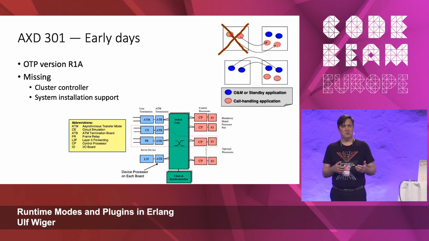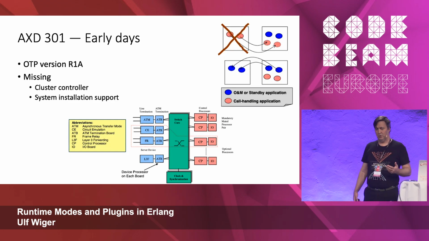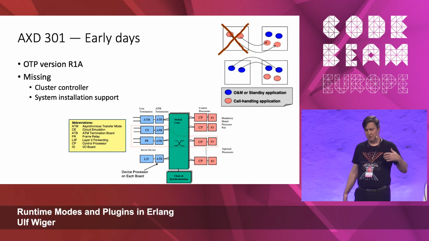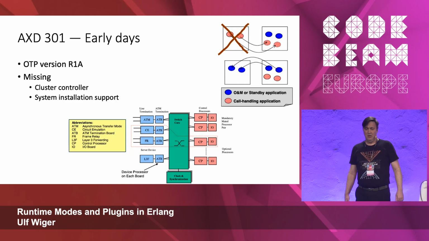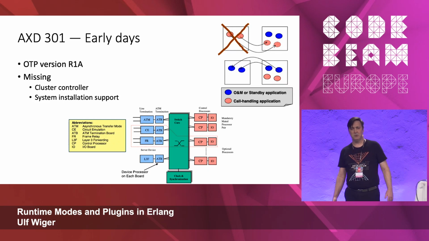ATM as in asynchronous transfer mode, which is a datacom protocol that is actually still in use. It just isn't used so much by end users. We started out with essentially a house and 200 people, like 50 to 70 Erlang developers.